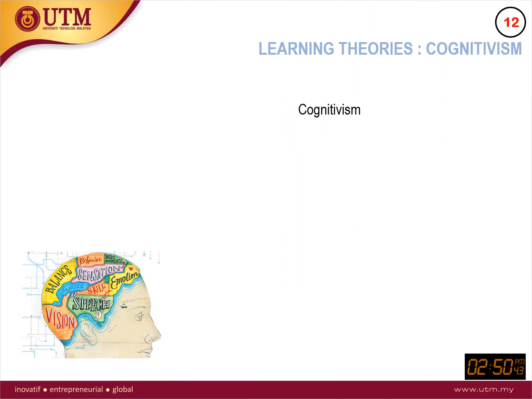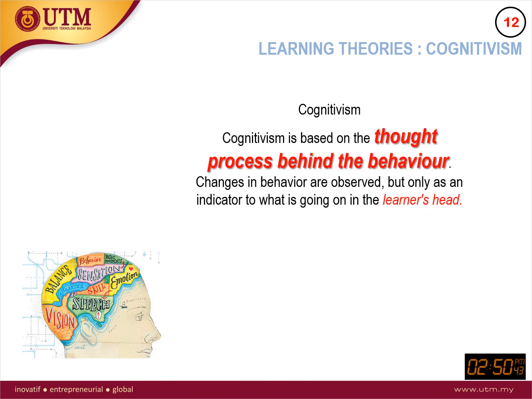And then the second learning theory, which is cognitivism. Cognitivism simply means how the information that we receive is received, organized, stored, and later retrieved, all of which happens inside our heads or our students' heads.